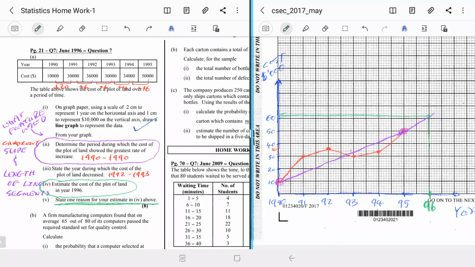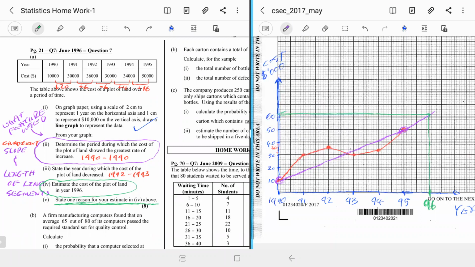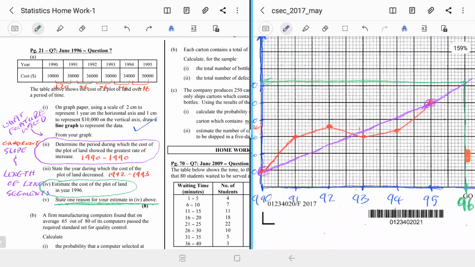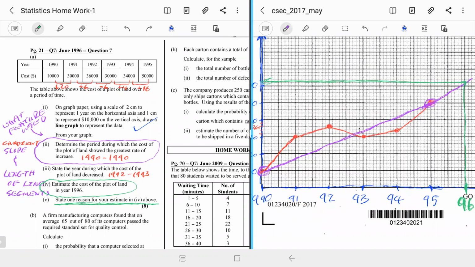Now, what is the reasoning behind doing it this way? This purple line that I've drawn represents the line you would be on if you're increasing.